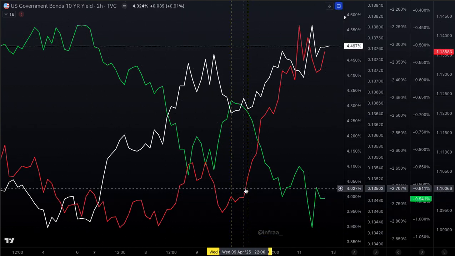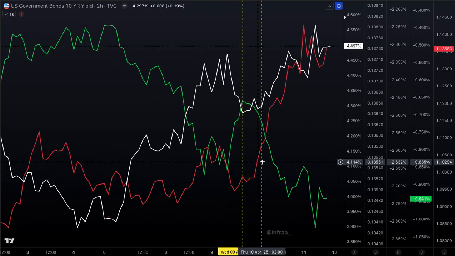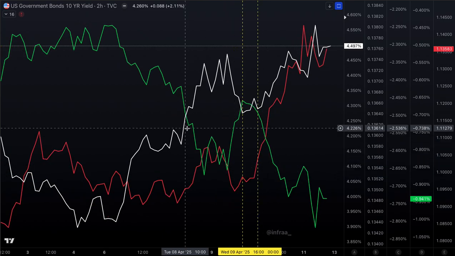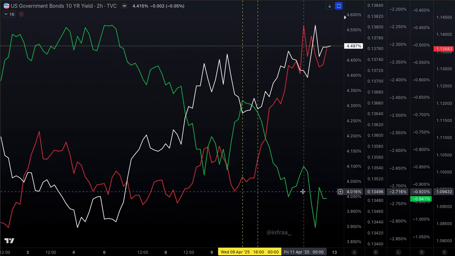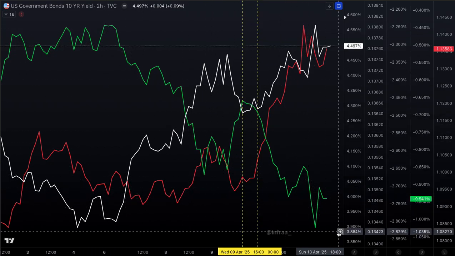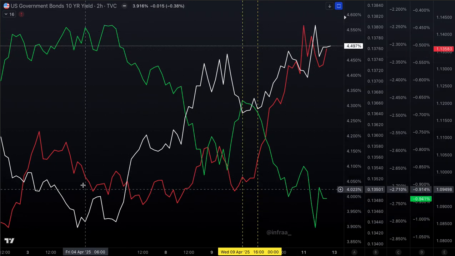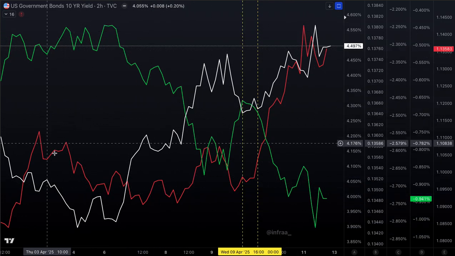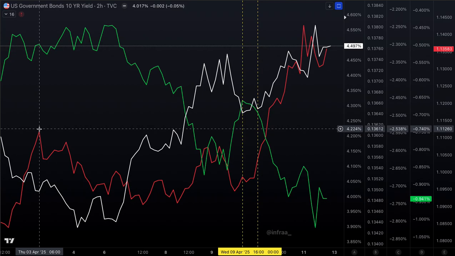So really, the euro shouldn't have been strengthening from an interest rate differential point of view, which is, again, one of the main valuation components of a currency. So it was generally speaking falling. So we should have seen euro weakness, and we did in the early part of the month.